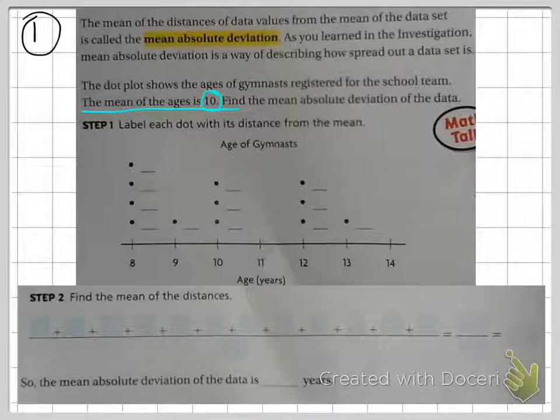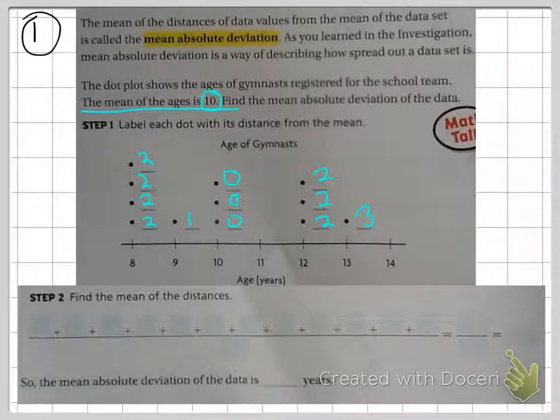So 8 is 2 away from 10, so each one of those has a distance of 2 units. 9 is 1 unit away from 10. 10 is 0 units away from 10. 12 is 2 units away from our mean, and 13 is 3 units away from our mean.